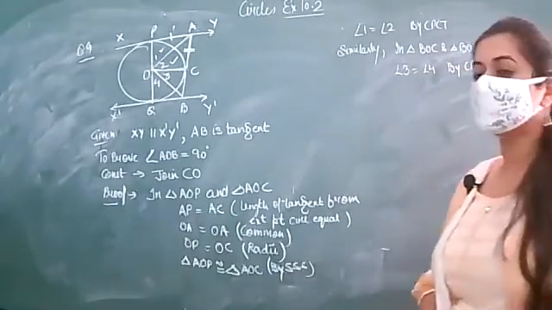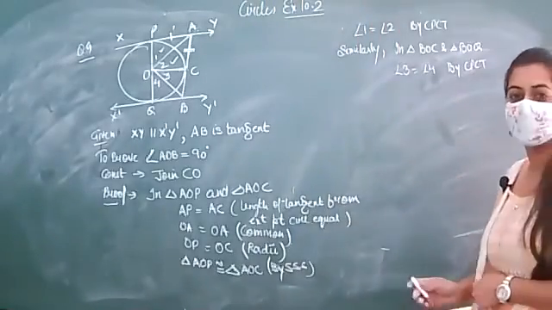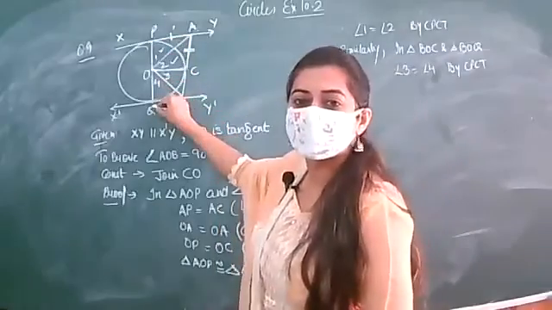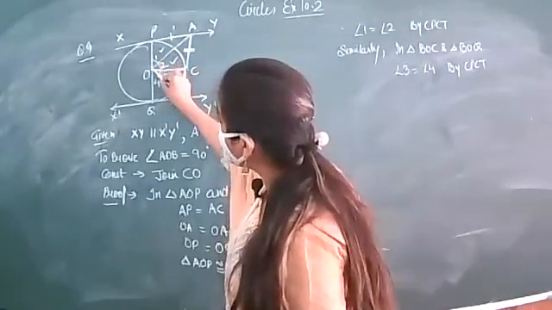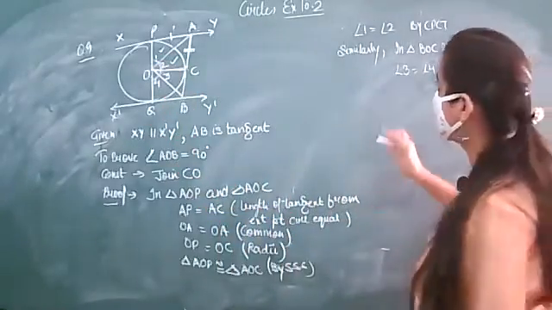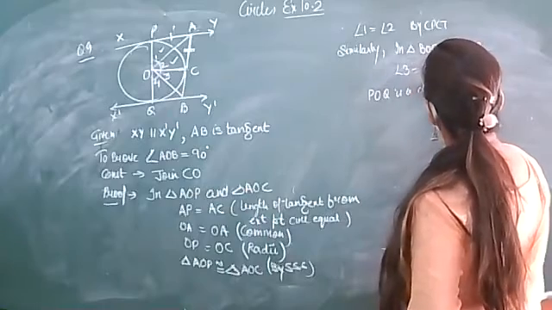So angle 1 is equal to angle 2 and angle 3 is equal to angle 4. Now, POQ is a straight line as it is a diameter, so the sum of all four angles is 180 degrees.